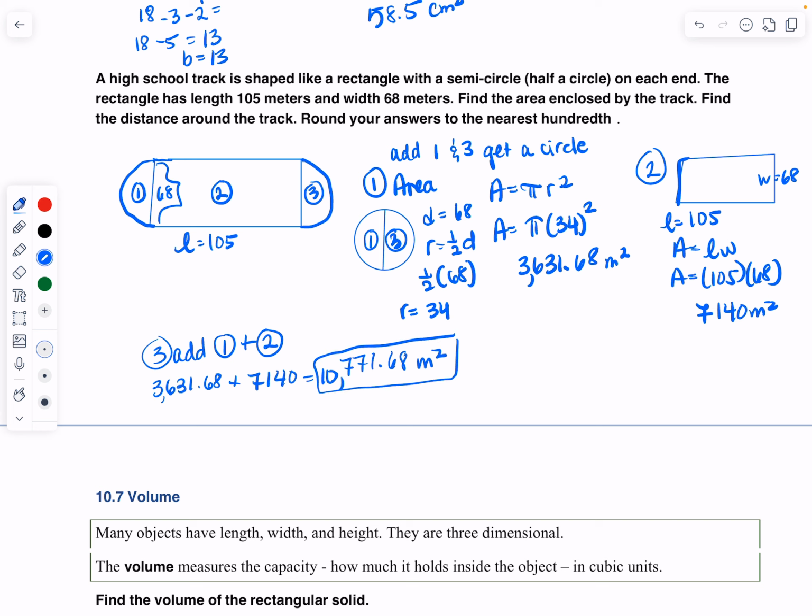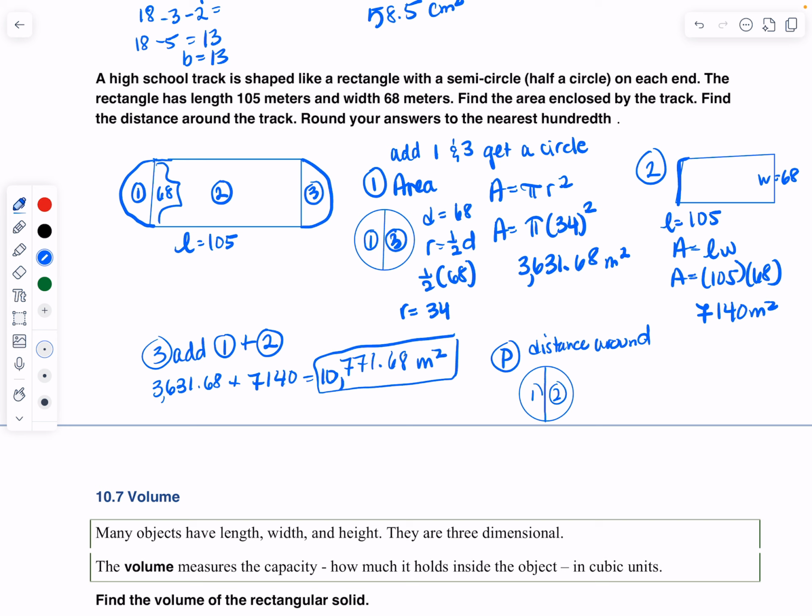Okay, to find the perimeter, it equals the distance around. So again, we're going to do the same technique where I'm going to take the two ends and put them together.